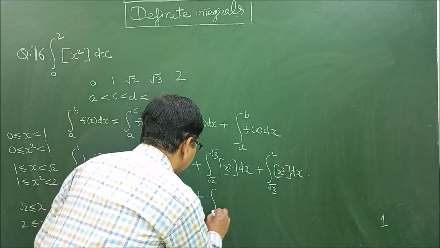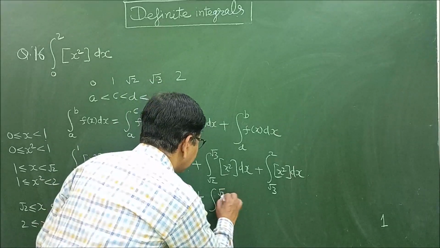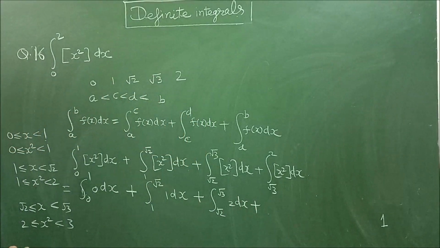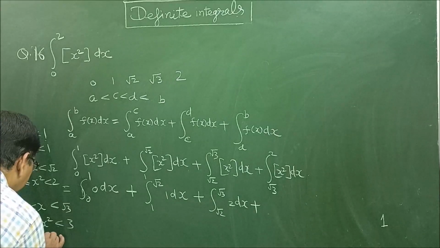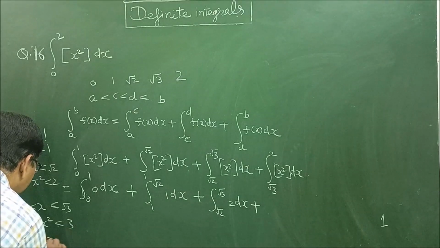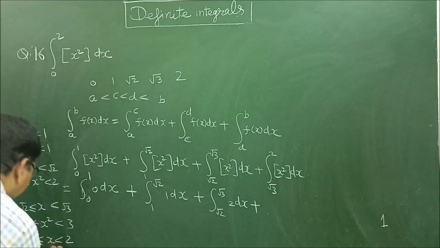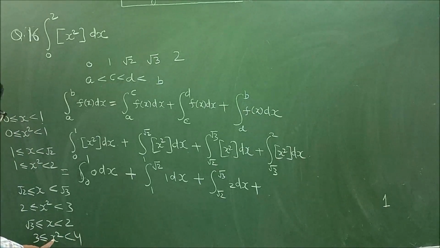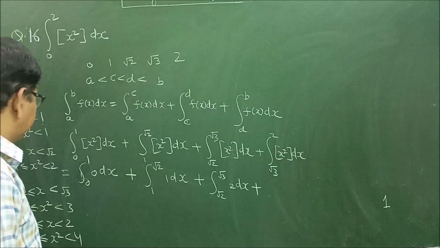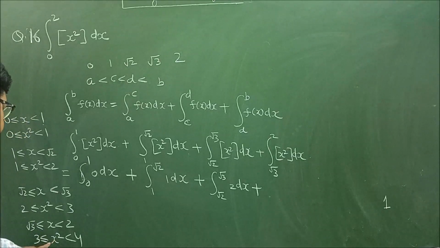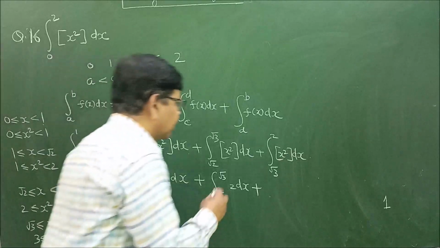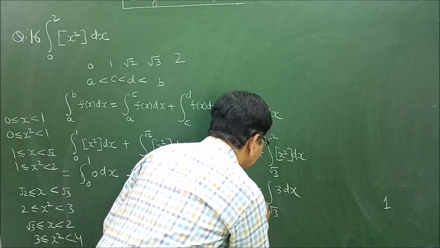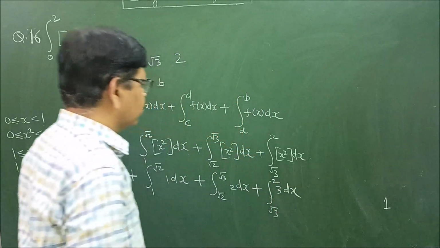So this is root 2 to root 3 of 2 dx, plus when the value of x varies from root 3 to 2, in that case x square will vary from 3 to 4, so the greatest integer x square will be equal to 3 by the definition of greatest integer. So this will be equal to 3 dx within the limits root 3 to 2.